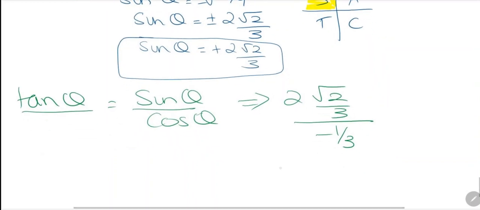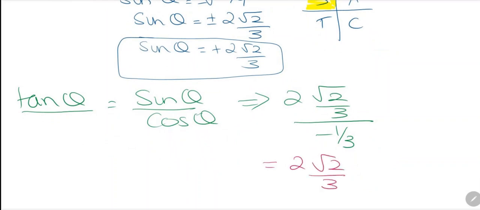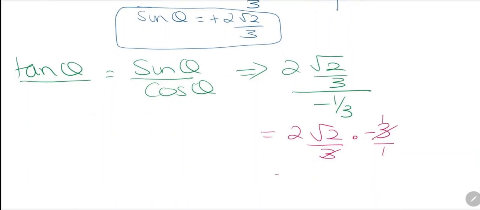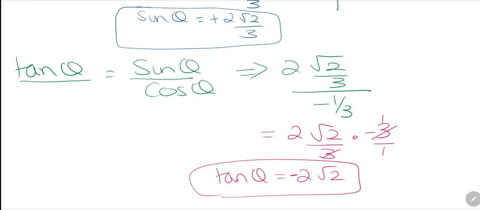Dividing by a third is the same as multiplying by 3, so it's multiplied by minus 3 over 1. The 3s simplify, which leaves us with minus 2 root 2. So tan of theta is minus 2 root 2.